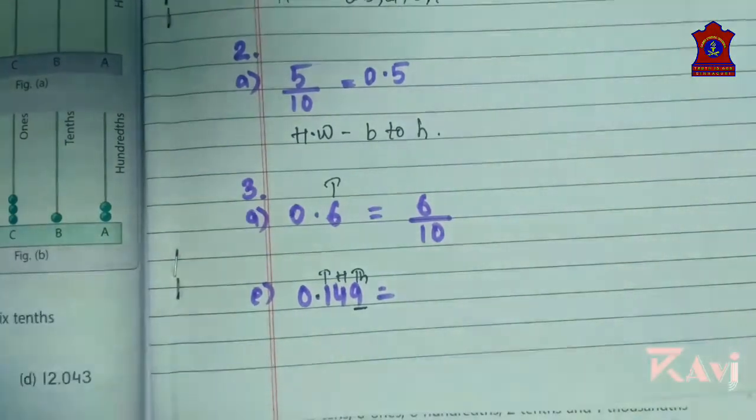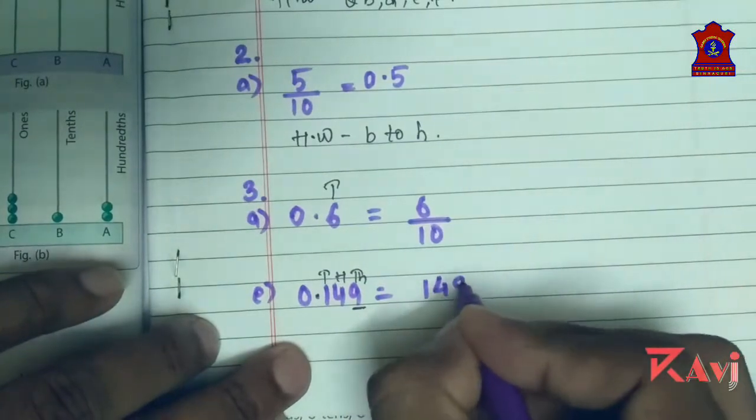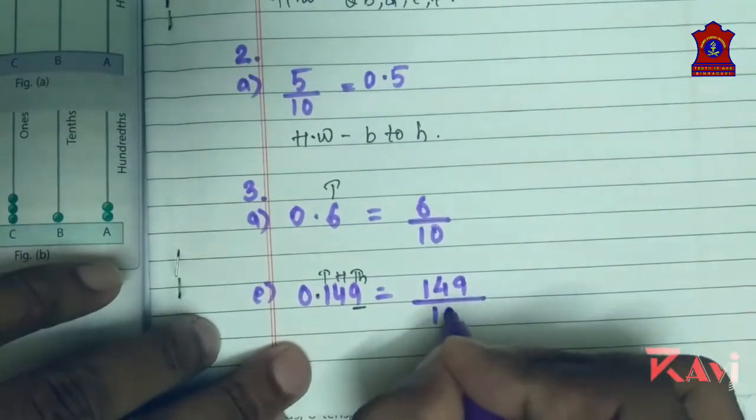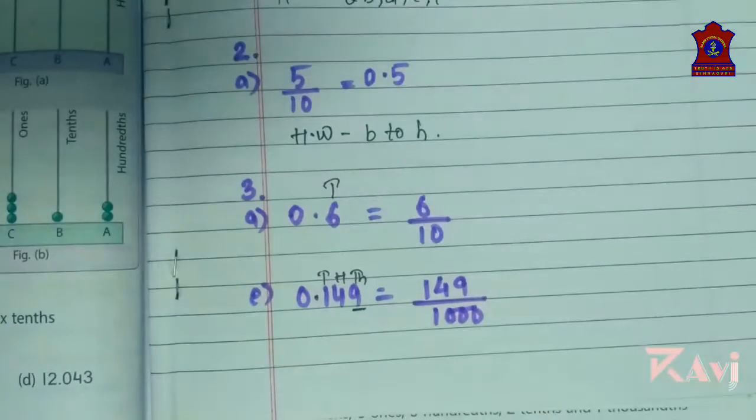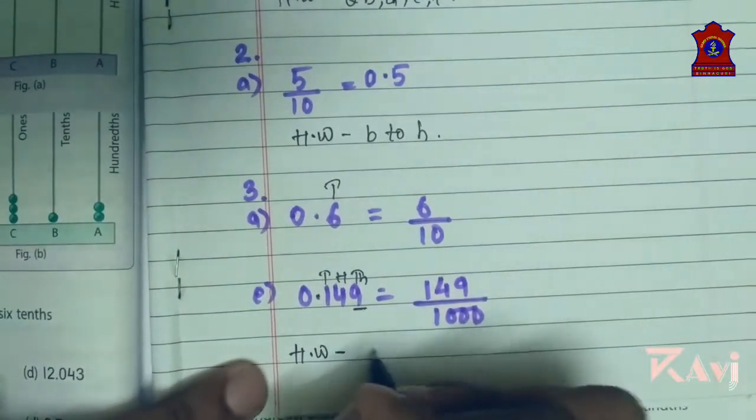Thousandths. Clear? So we will be writing 149 upon 1000. This is the answer. Clear? So the rest of all, B, C, D, you will be doing by yourself.